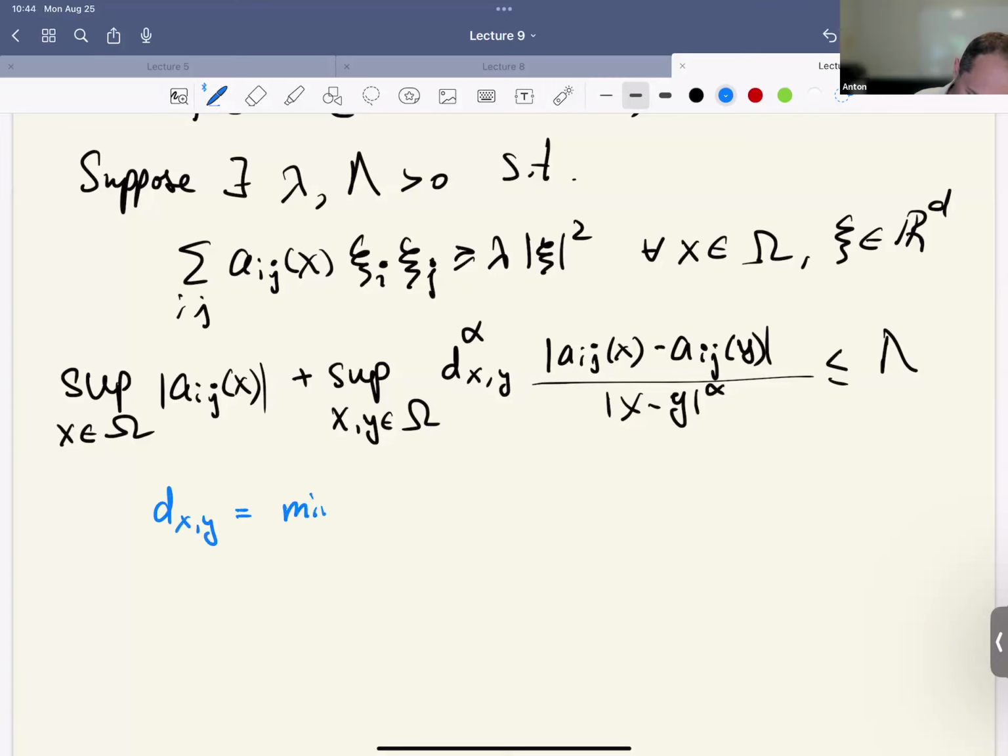This is the minimum of d_x and d_y, and d_x is the distance from the point x to the boundary of omega.